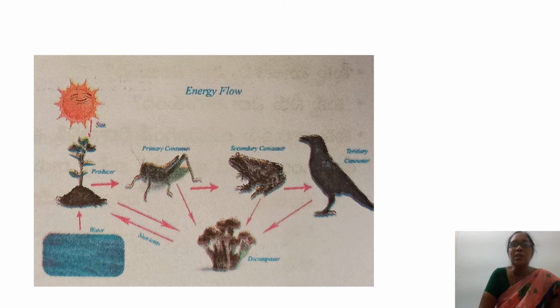When we call the crow a scavenger, they're scavenging the environment. Here, what can we call decomposers? We can call them detritus because they come under microorganisms, the tiny organisms that cannot be seen by the eye. So we can call them detritus.